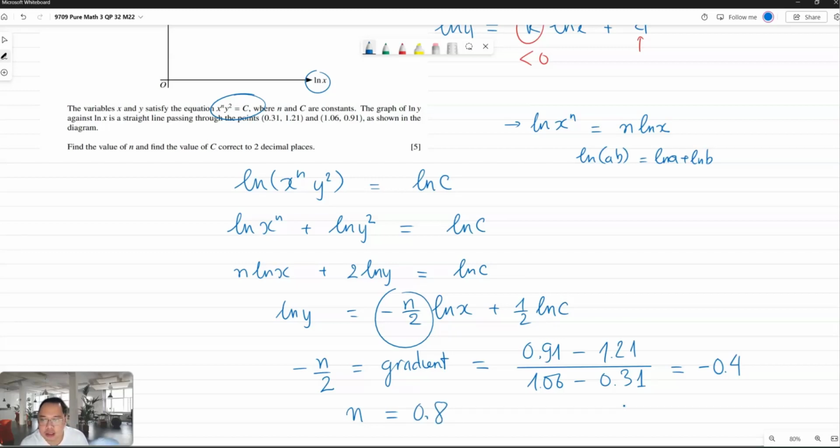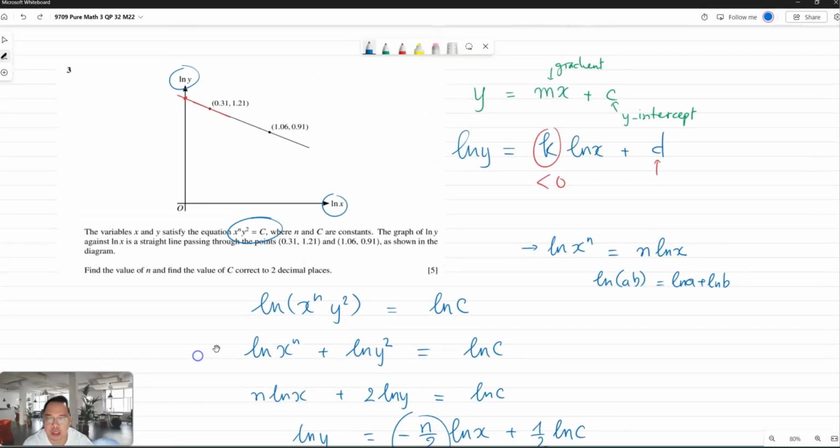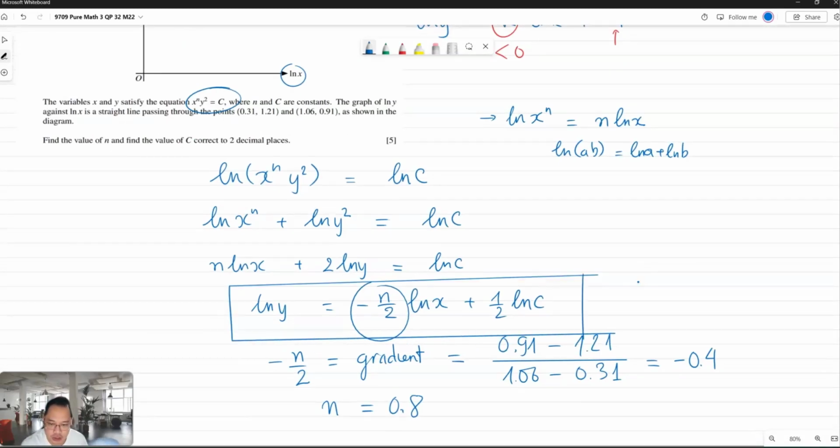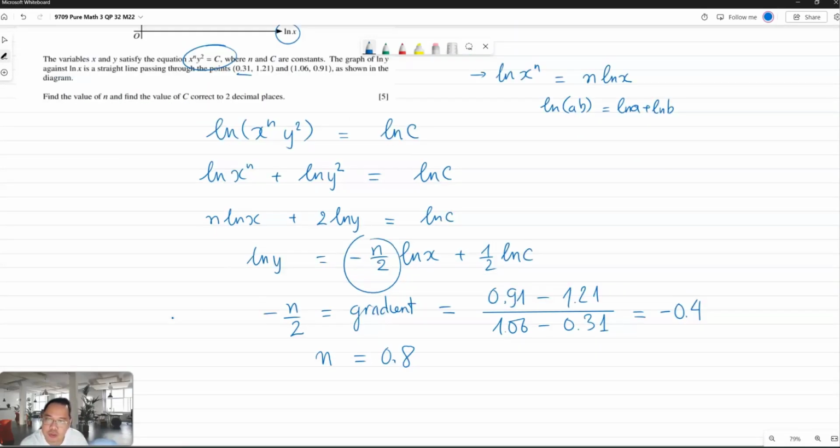The last thing, to find the constant c, we can plug in the values of 1 point. We can choose any of these 2 points and plug into this equation, and then we can solve for the value c. I will plug in ln x to be 0.31 here.